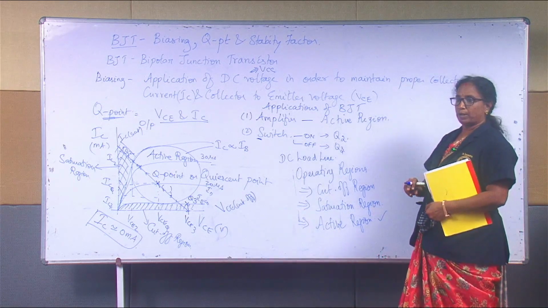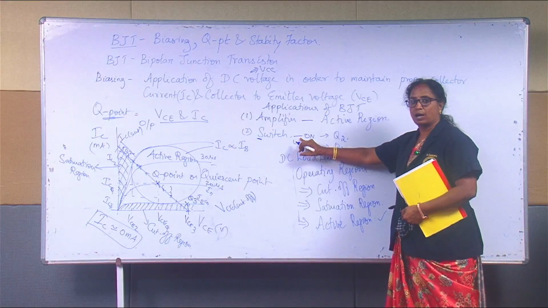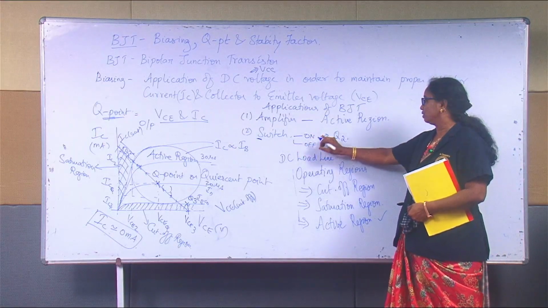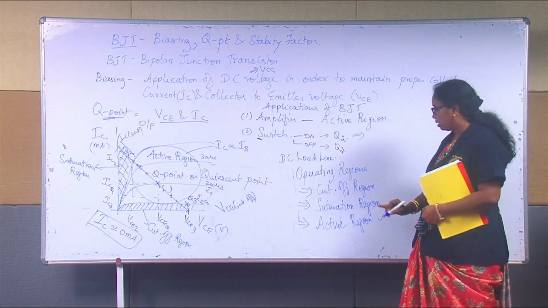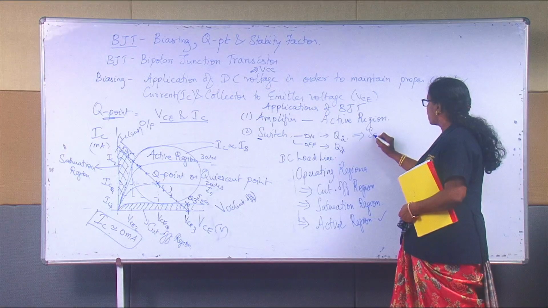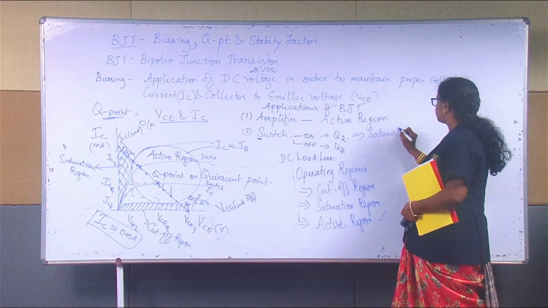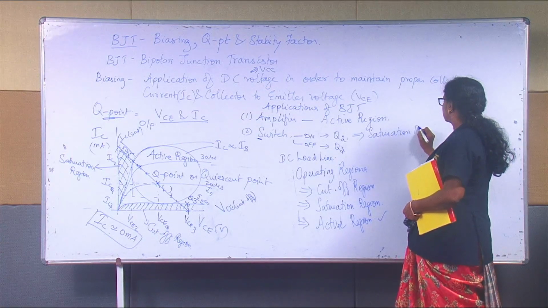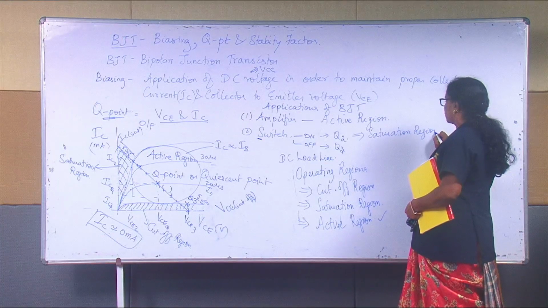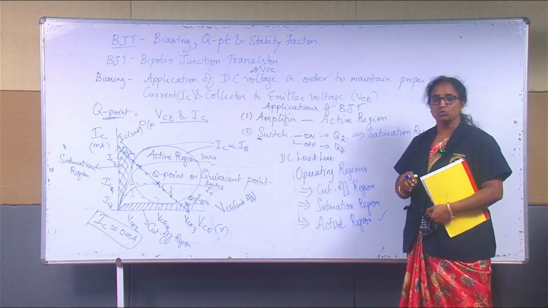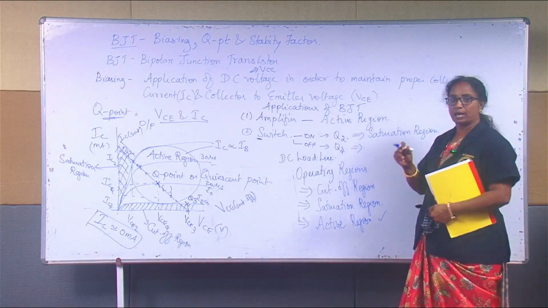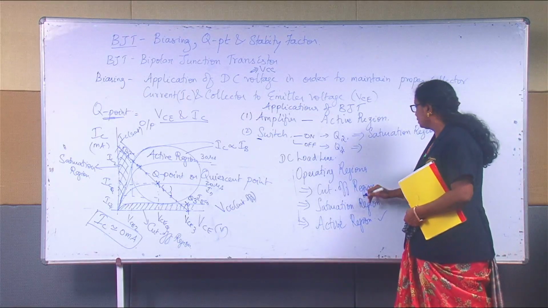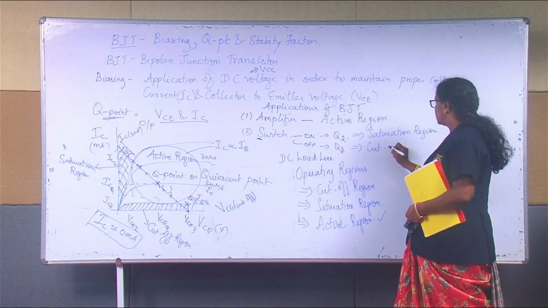If I want to operate the switch in the on condition, I must operate the transistor in the saturation region. If I want to switch off the transistor, then I must operate the transistor in the cutoff region.